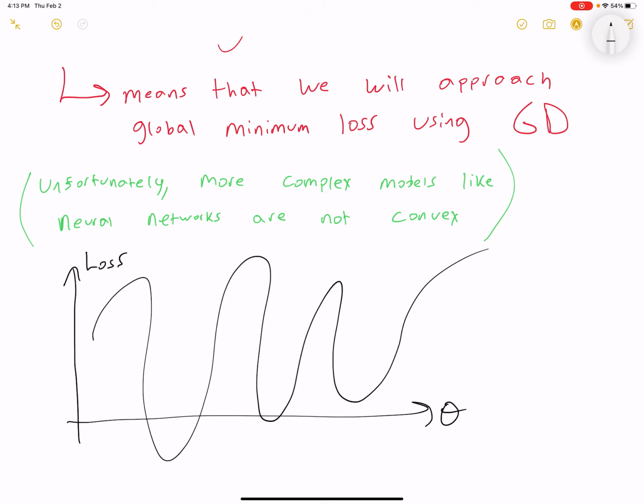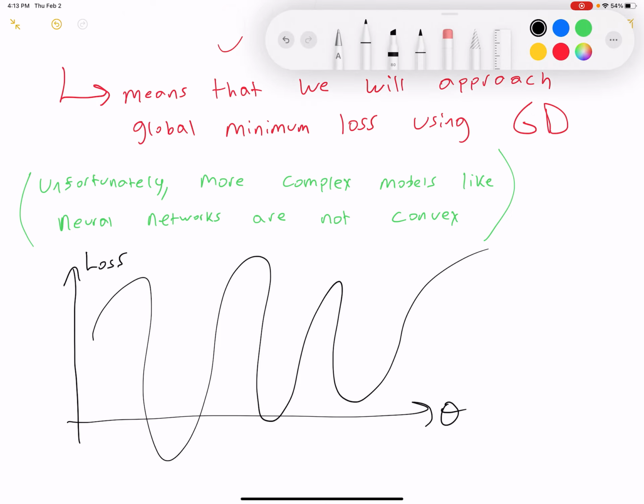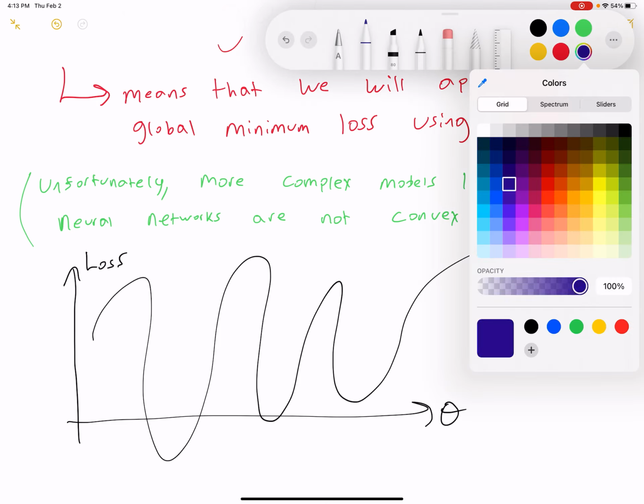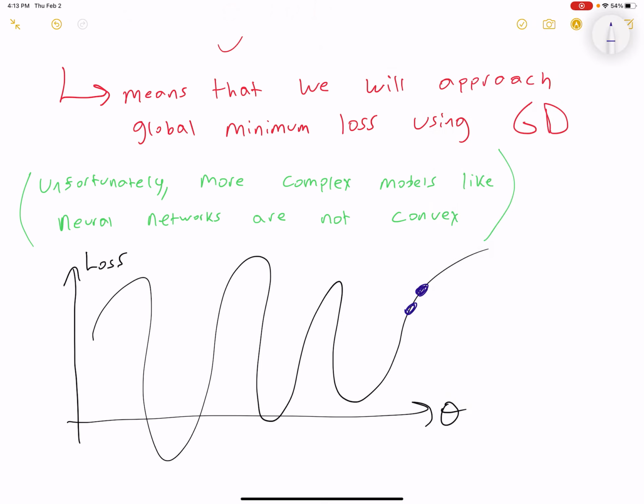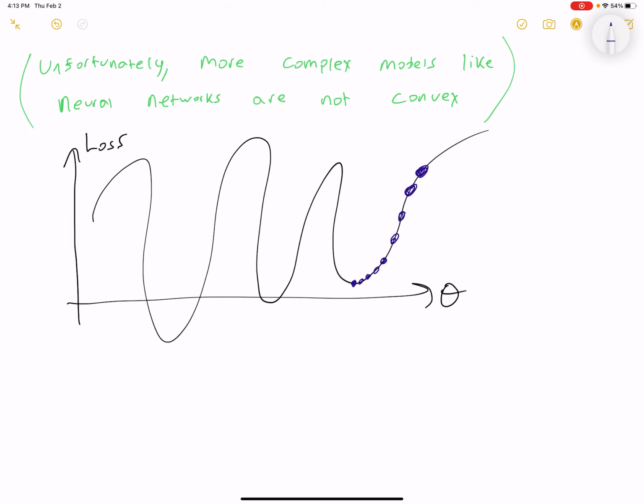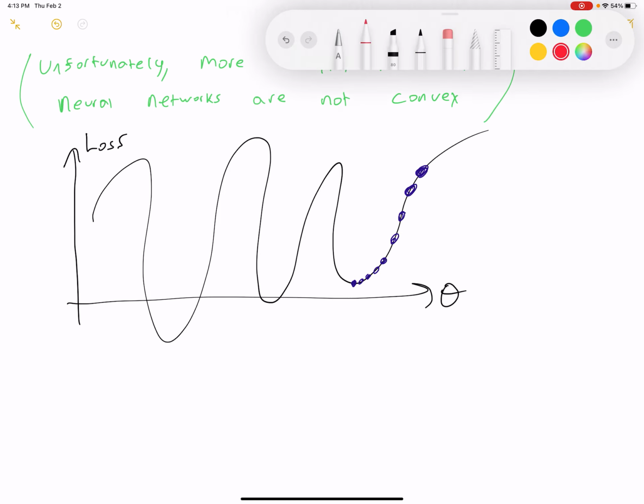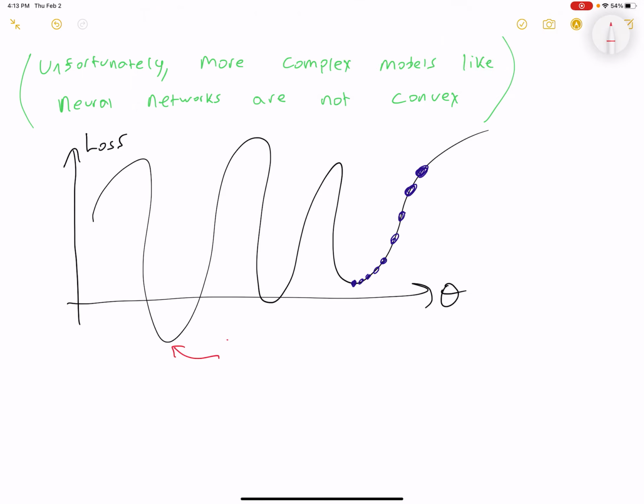And the problem is that we might start here and then go down here and then go down here and then here and then here, here, here, here, here, and then say, we're done. We found our minimum, even though this would have been better.